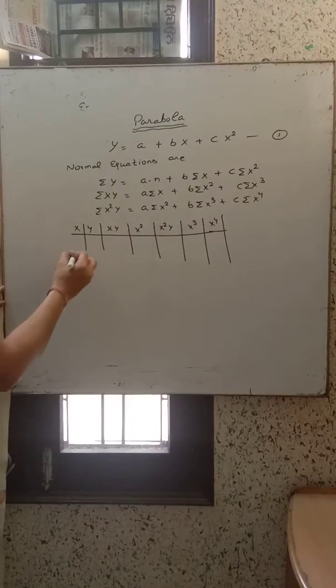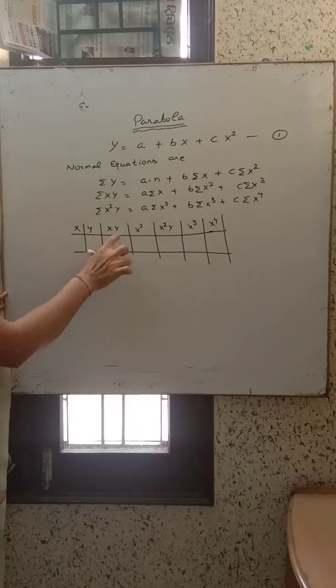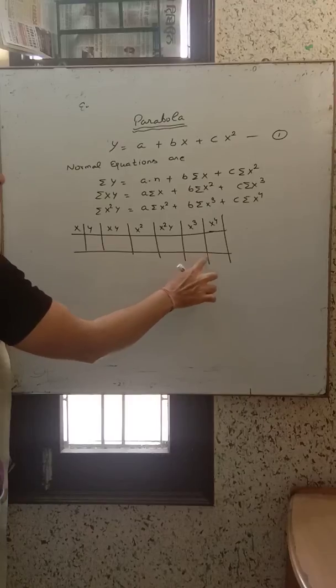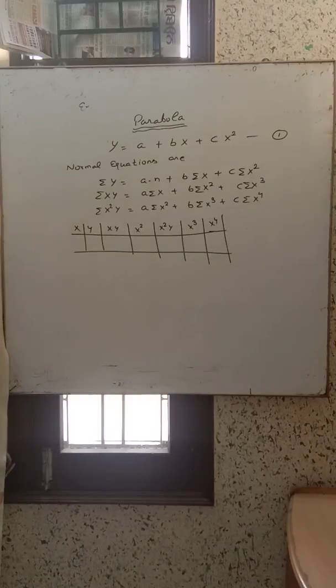On adding, we will get the values of summation x, summation y, summation xy, summation x square, summation x square y, summation x cube and summation x4. Then we substitute all these values in these three equations, and the value of n is also known. On substituting, we get three simultaneous equations in a, b and c, and these three equations can be solved by using any method of solving simultaneous equations.